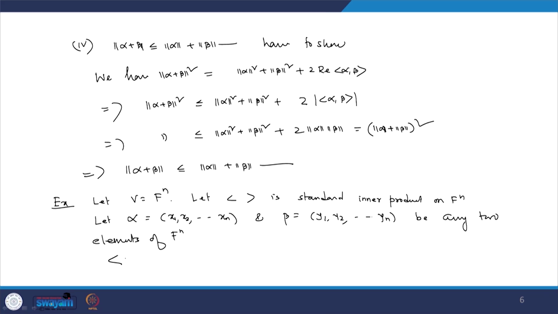Then the inner product of alpha beta equals the sum of xj yj bar, j equal to 1 to n. So, mod of inner product of alpha beta is equal to the modulus of the sum over j equal to 1 to n of xj yj bar.